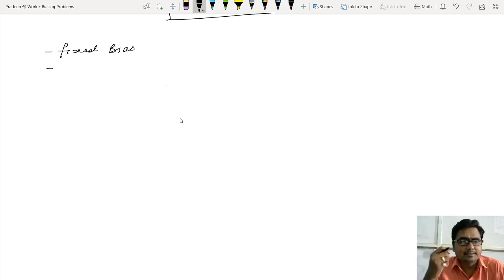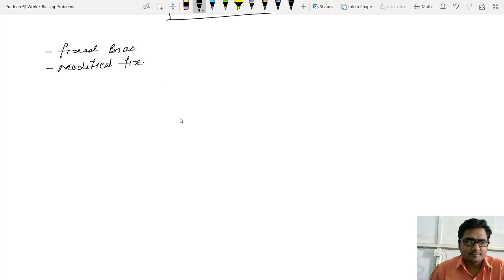Then we have studied modified fixed bias. Whatever fixed bias circuit we have studied, we have connected one extra resistor to the emitter and we have given it a separate name, modified fixed bias.